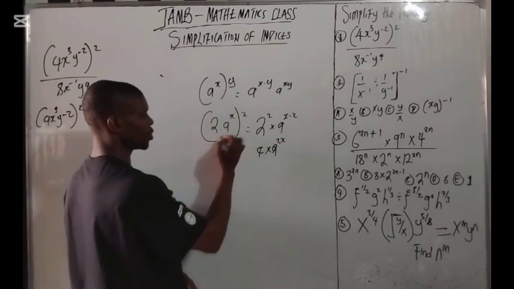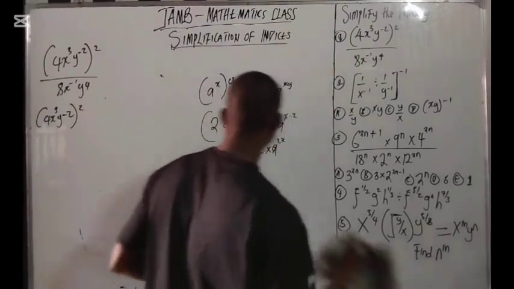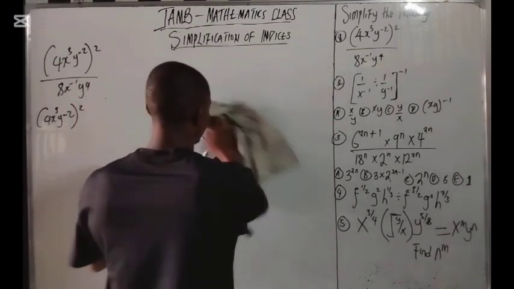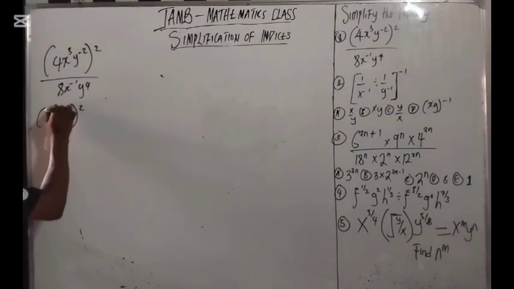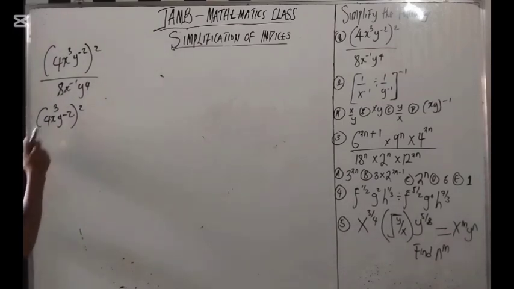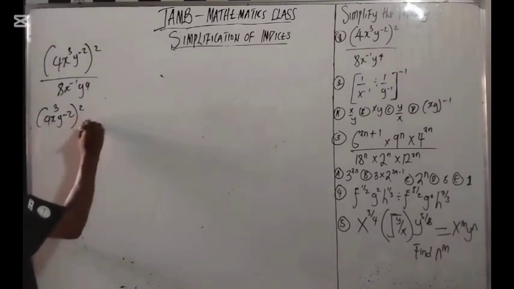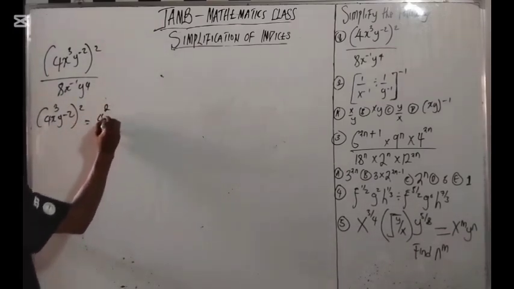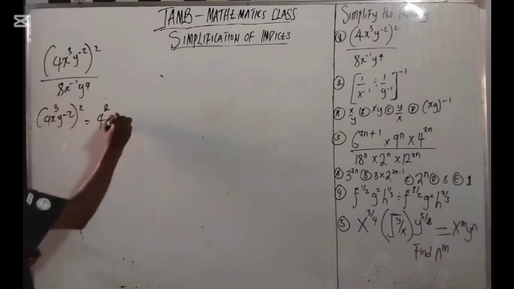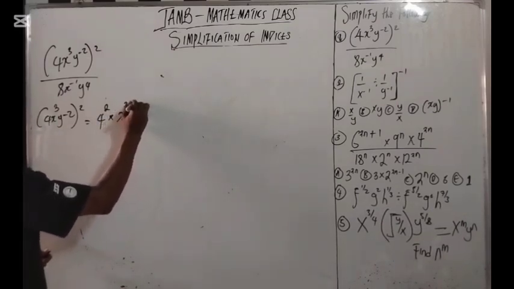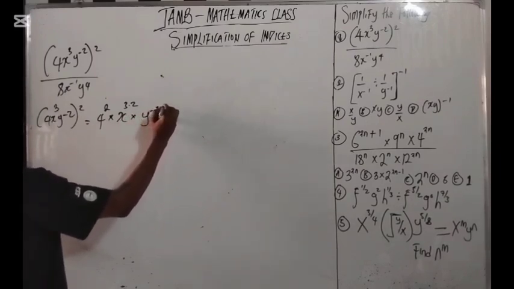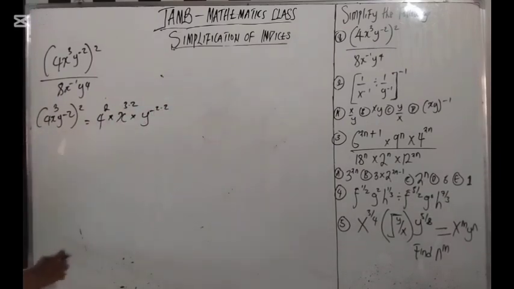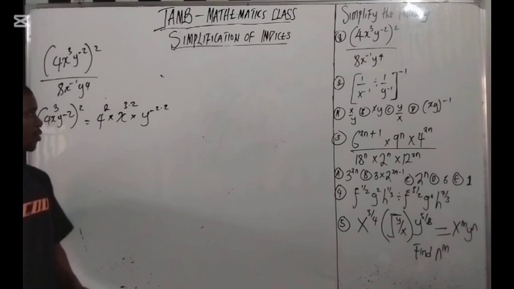So I've simplified this one. The same thing I'm going to do here. Remember, the power here is 3. If I open the bracket up, it's going to be 4 raised to power 2, times x raised to power 3 times 2, times y raised to power minus 2 times 2. This dot means multiplication.